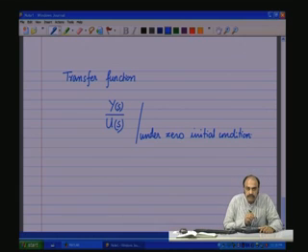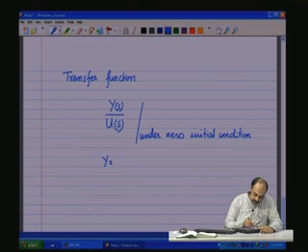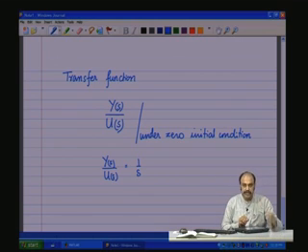This is how a transfer function is defined, and what we got as the transfer function of the integrator, which is Y(s) by U(s), is 1 by s, under the condition that the integrator initial condition is 0.